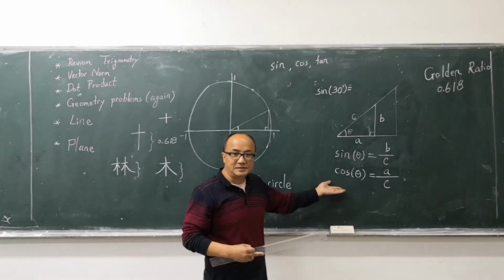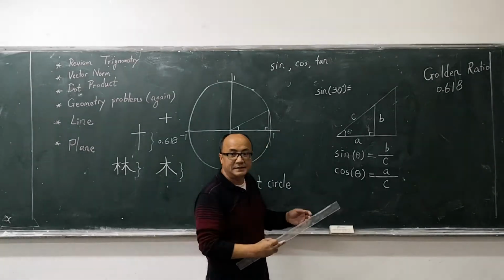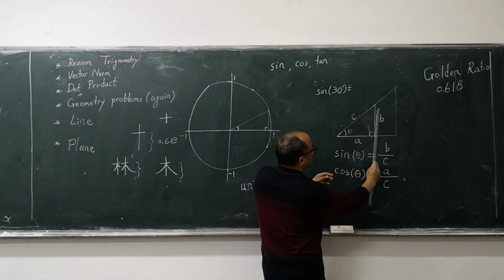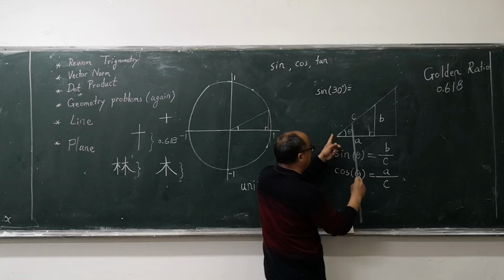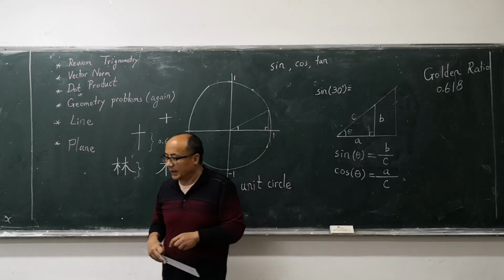The same value is not changed. Cosine theta. If you move it closer, then this part divided by this part is the same value.